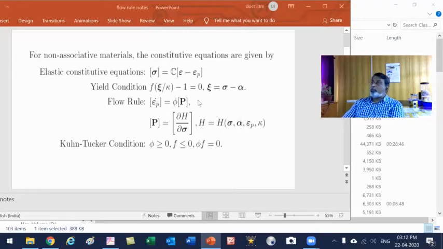And then the flow rule, where P is nothing but the gradient of the plastic potential with respect to stress. Here we have also added kappa, which is the isotropic parameter. And then the contact condition. So this entire set of equations defines how the material behaves if a non-associated flow rule is applied. They're called non-associative materials.